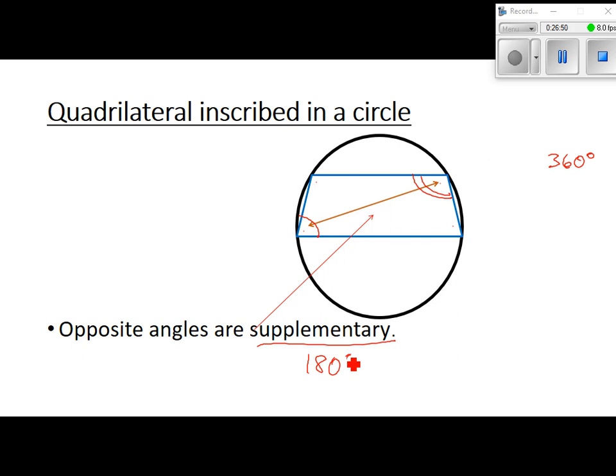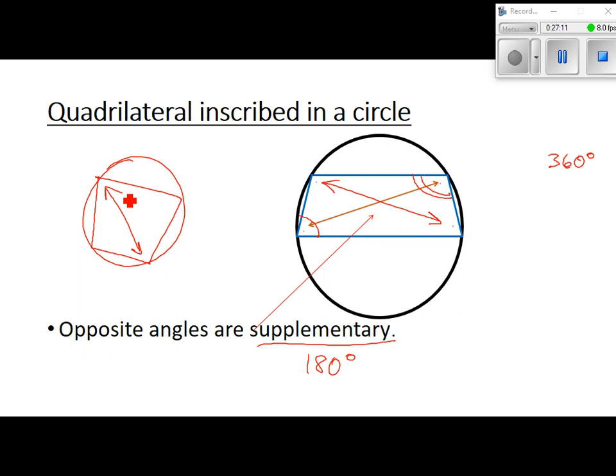It works the same for these other 2 angles. Those 2 angles have to add up to 180 degrees. So opposite angles, angles that are across from each other, have to add up to be 180 degrees. If you have any 4-sided figure, it doesn't matter what it looks like, these opposite angles have to add up to 180 degrees.